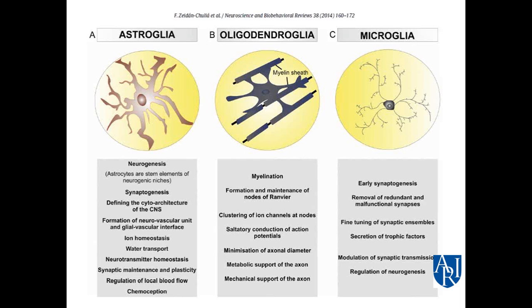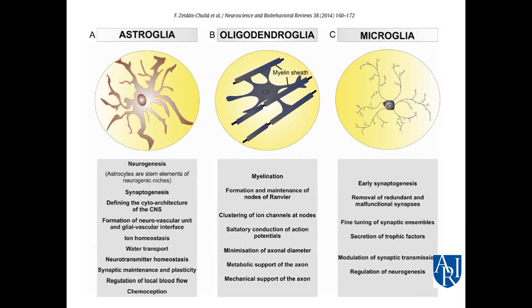But astroglia are important for the genesis of neurons. They're important for the formation of synapses and so on, and a lot of metabolic functions in the brain.